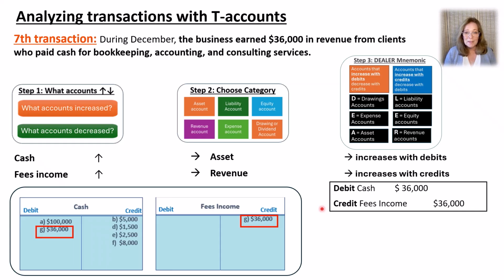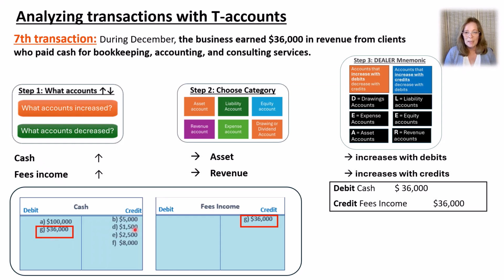How do we write this transaction using T accounts? We find the T account for cash and write the transaction ID G and the amount of $36,000 into the debit column of the cash account, because we determined in step 3 that we would debit cash. The amount for the revenue account fees income increased as well.